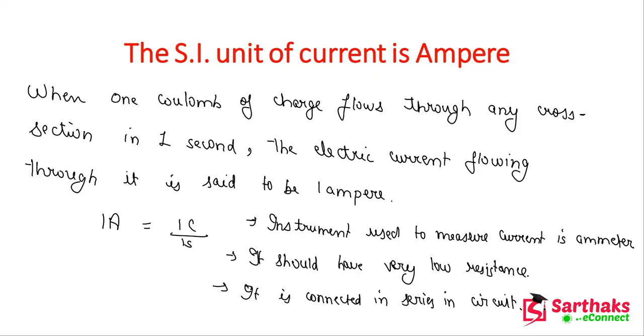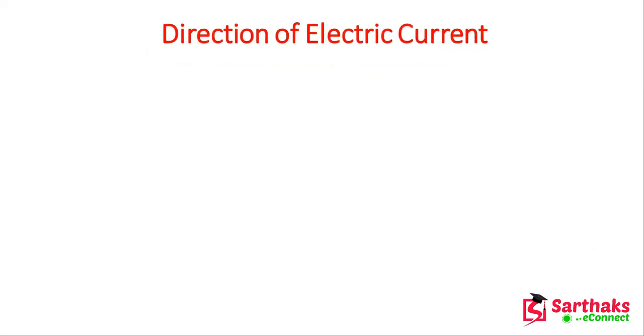Now, the next topic that we are going to discuss is the direction of electric current. How does the direction of electric current matter, and what is the direction of electric current? We all know that there are two types of charges.